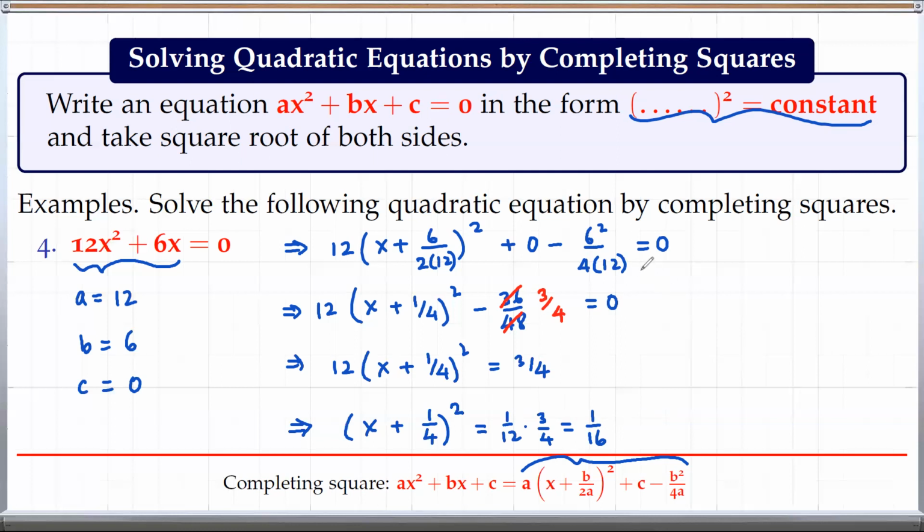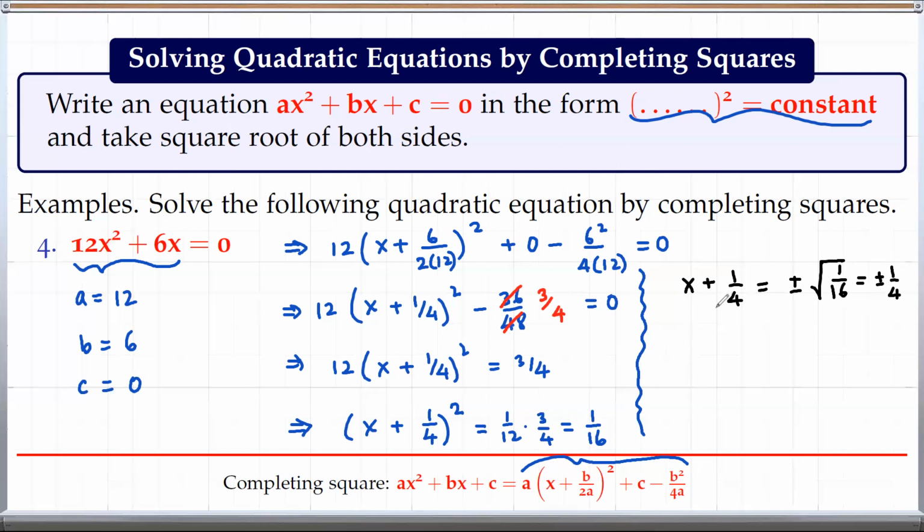And the last step, we just take the square root of both sides. So we get x plus 1 by 4 equals plus or minus square root of 1 by 16. Now, square root of 1 by 16 is simply 1 by 4. So that will give us plus or minus 1 by 4.